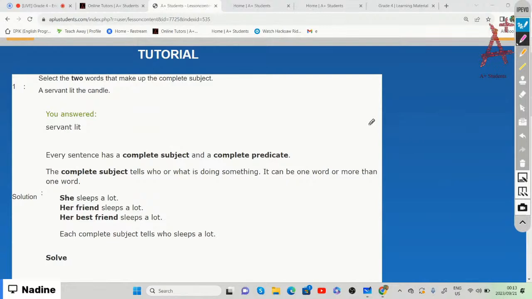So we are now going to select two words that make up a complete subject. A servant lit the candles. Two words.